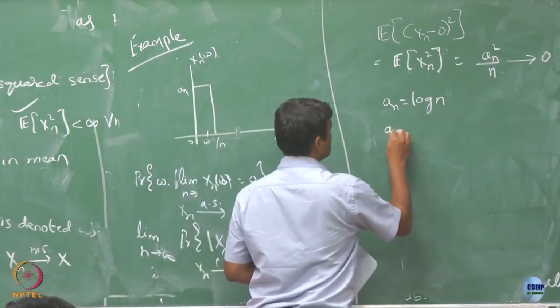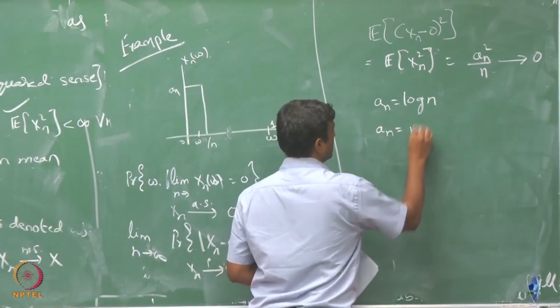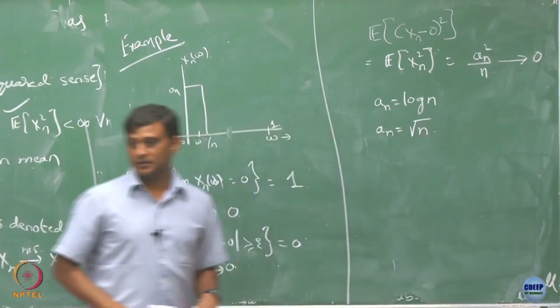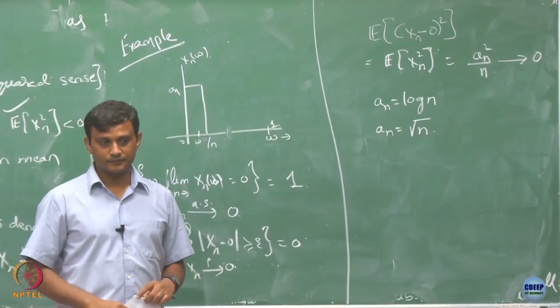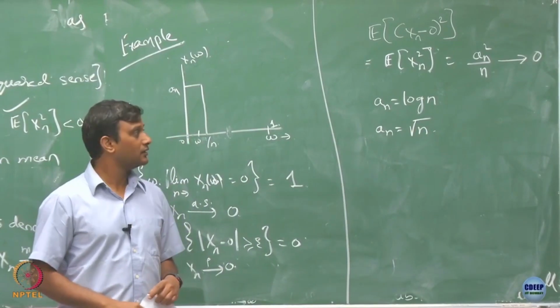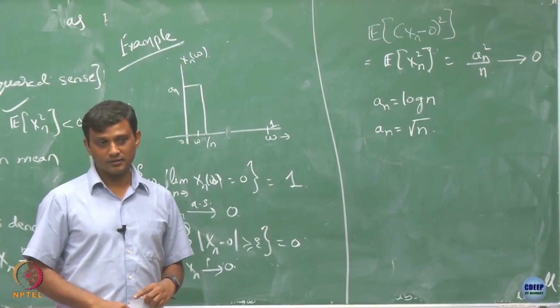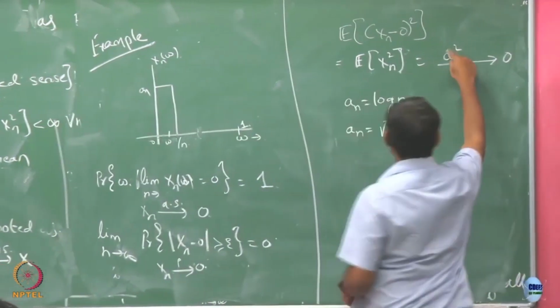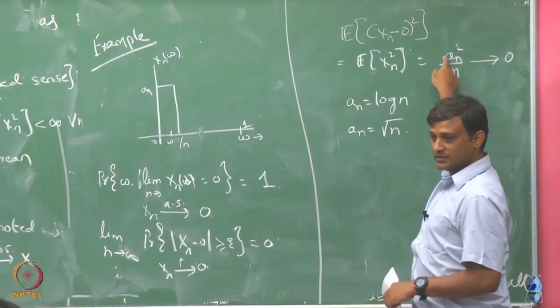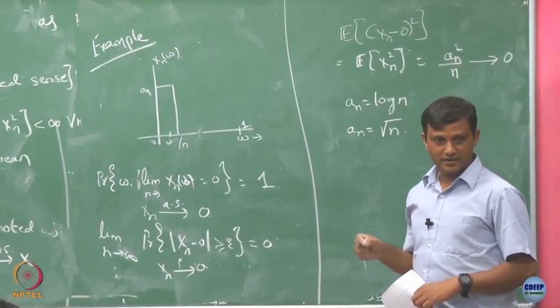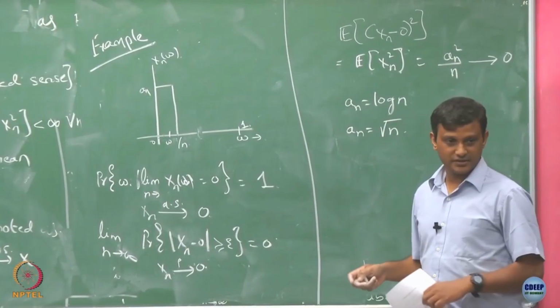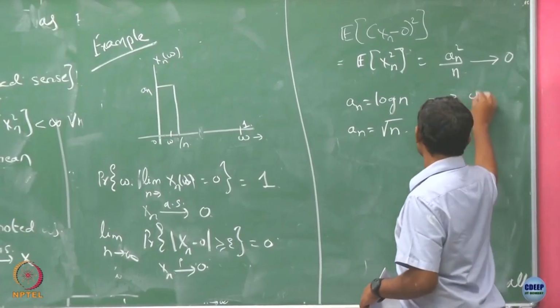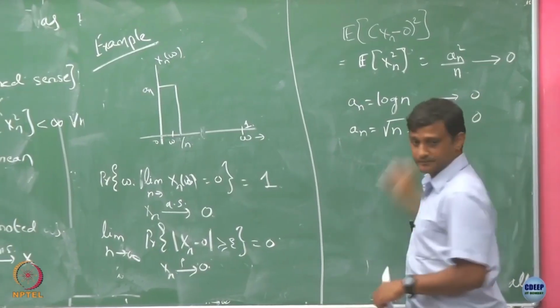If I say an equals square root n, then an square by n becomes a ratio of 1. So this does not go to 0 in this case. In one case it goes to 0, but in the other it does not.